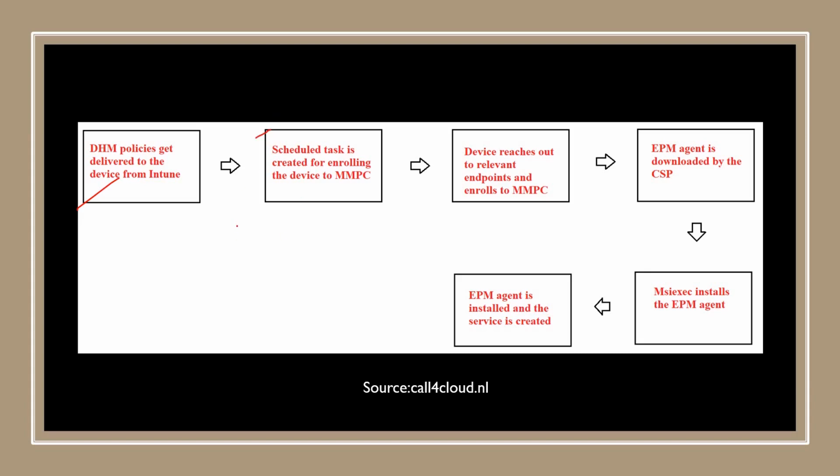We are going to see all of that in detail in the demo, but if you have done enrollment of a Windows device to Intune using group policy, or maybe by co-management, then you would have seen that for the device to get enrolled to Intune, a scheduled task gets created, and that scheduled task runs the device enroller.exe, and that exe enrolls the device to Intune.